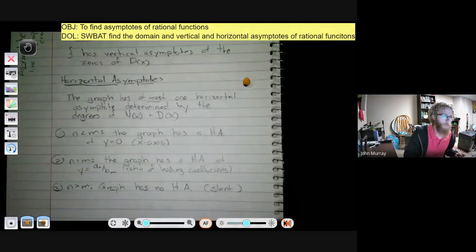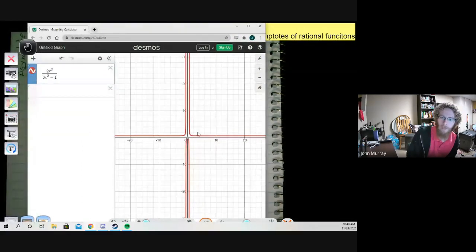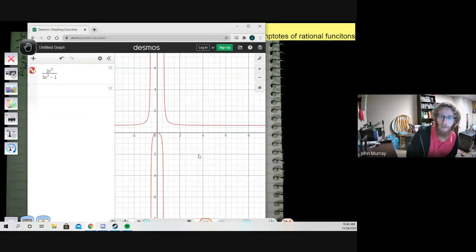Let me get rid of this. So this is kind of a funky one. It doesn't look exactly like what we were looking at.